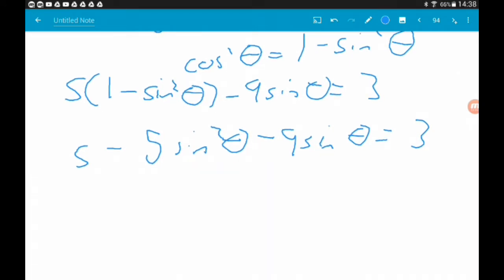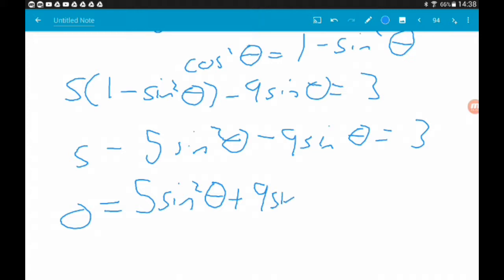So if we do that, we can get 0 is equal to 5 sine squared theta plus 9 sine theta minus 2.